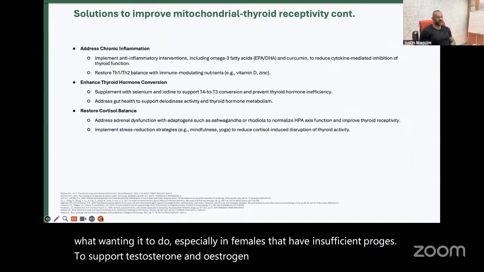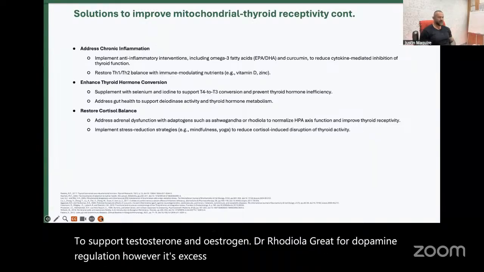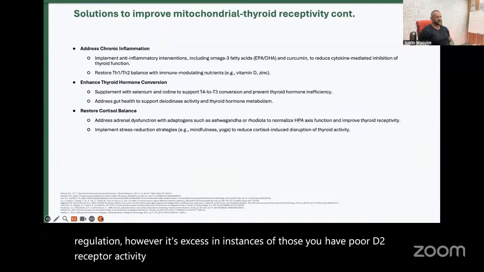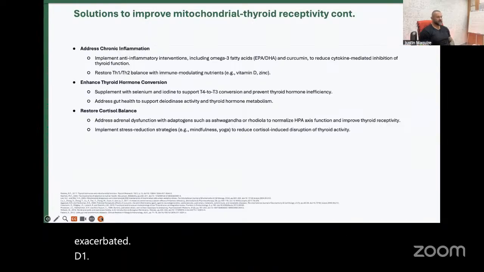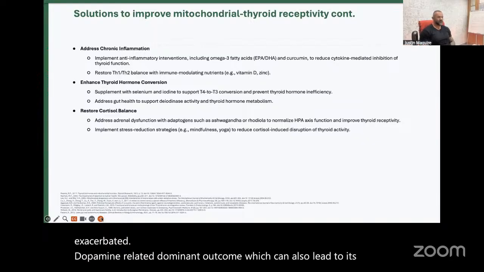Rhodiola, great for dopamine regulation. However, its excess in instances of those who have poor D2 receptor activity, which is also largely regulated by a hormone such as progesterone, such as DHT, can actually lead to an exacerbated D1 dopamine-related dominant outcome, which can also lead to its own potential form of dopamine quinone formation.